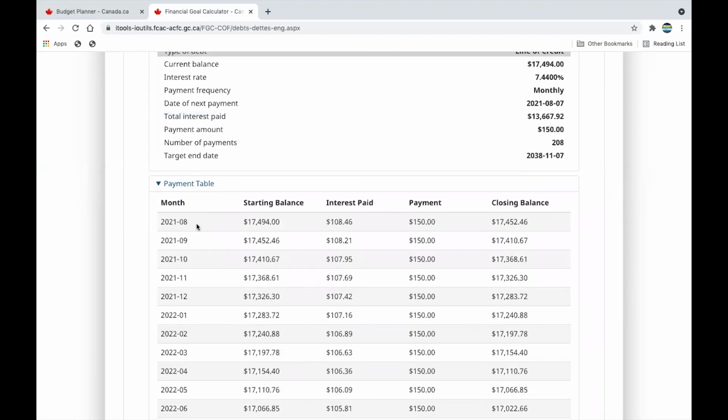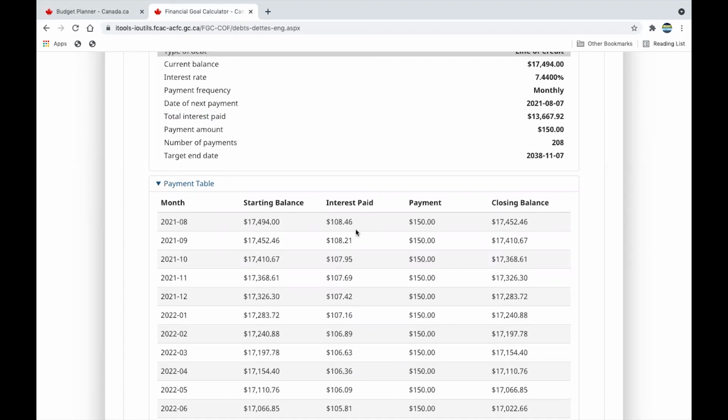To understand this number here, it's 17,494 plus this number minus 150 gives you the closing balance, because with every interest payment, it adds to what you have, then subtracted by your payment.